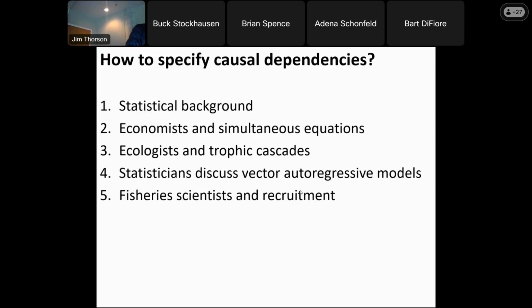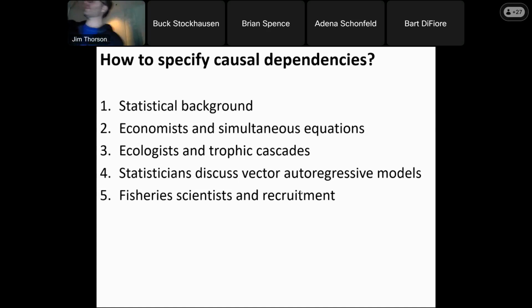Some of this stuff we've talked about. My claim is that every field has its own vocabulary for talking about causal analysis, possibly with the exception of fisheries, where we don't really have a vocabulary to talk about causal analysis. We often just assume we know a set of nonlinear equations and hope that it works.